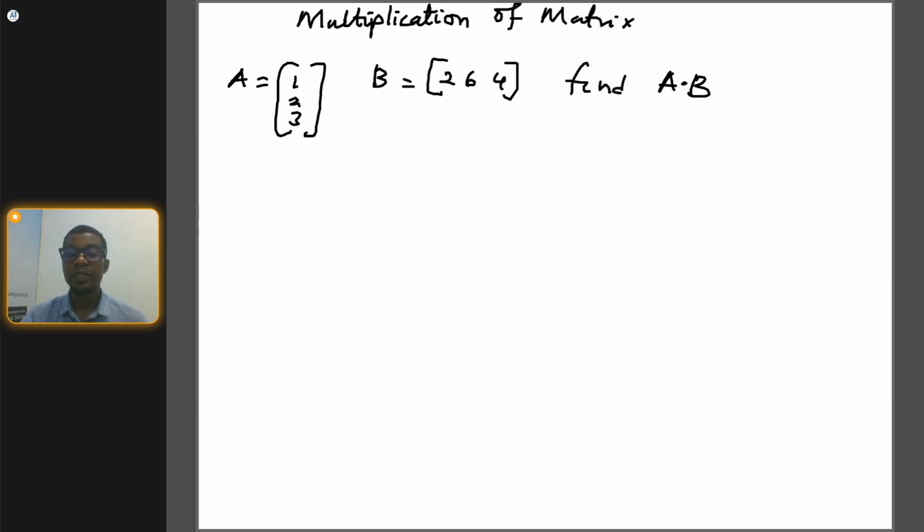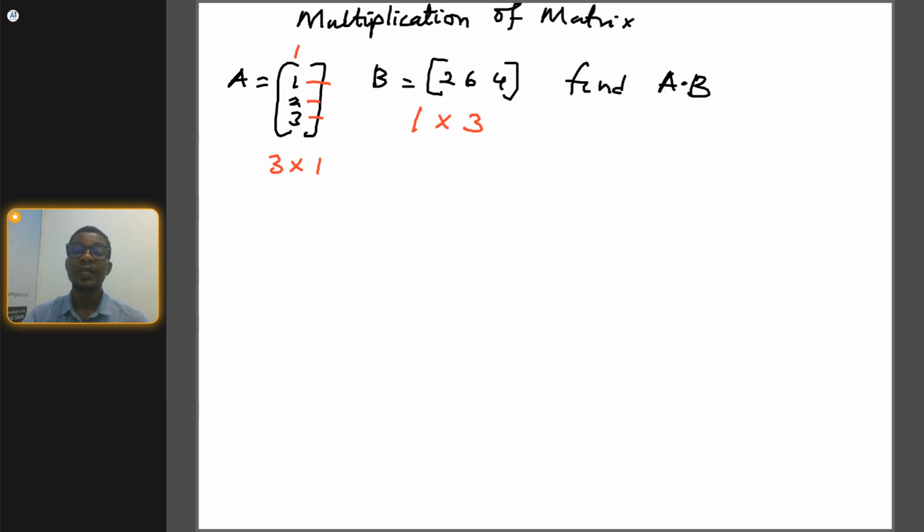The order of this matrix is 3 rows by 1 column, and that of this is 1 row by 3 columns.